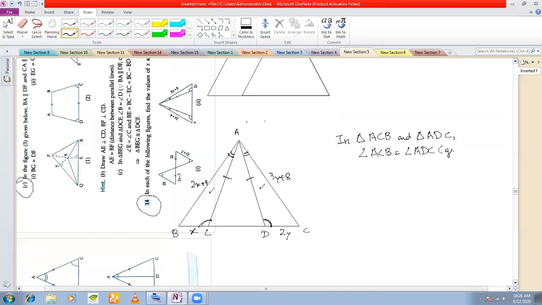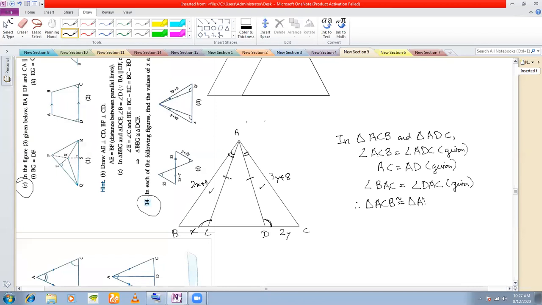This is given to be equal. Also AC is equal to AD. This is also given to you. Also angle BAC is equal to angle DAC. This is also given. Therefore, these two triangles are congruent. Triangle ACB is congruent to triangle ADC.